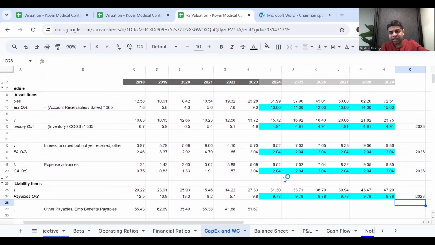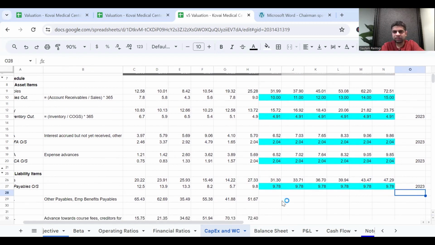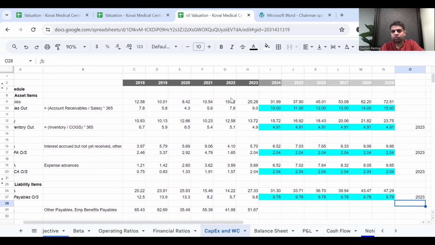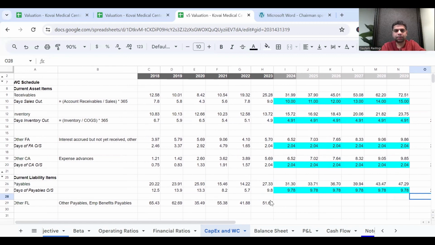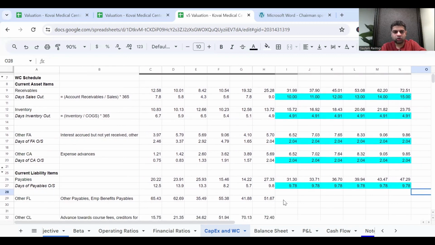We could take the average of the last 5 years. I'm a little wary of using 2022 and 2021 because COVID had hit, so the numbers from these years don't represent a normal year. Otherwise, you can totally use the average.